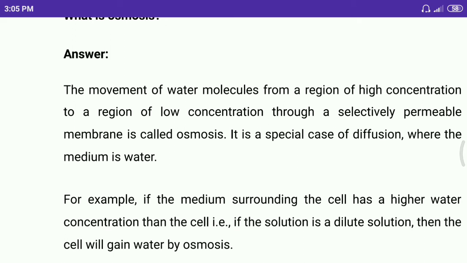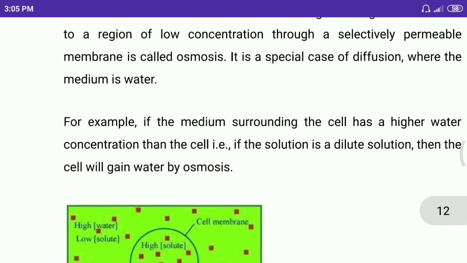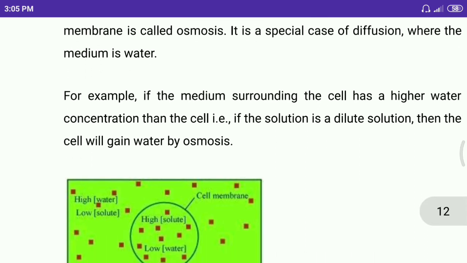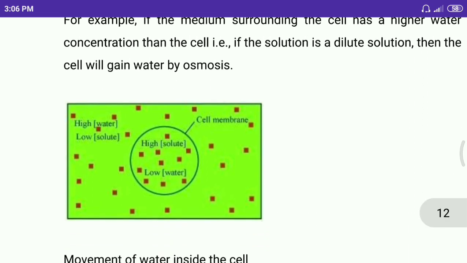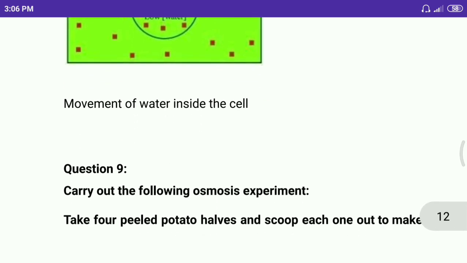For example, if the medium surrounding the cell has a higher water concentration than the cell, that is, if the solution is a dilute solution, then the cell will gain water by osmosis. Movement of water inside the cell.